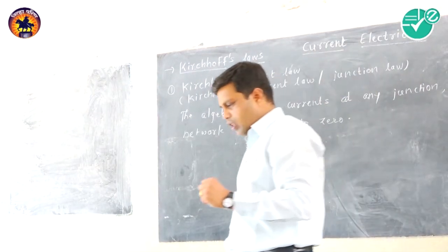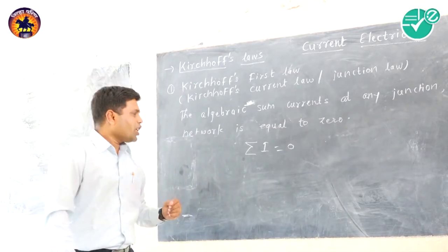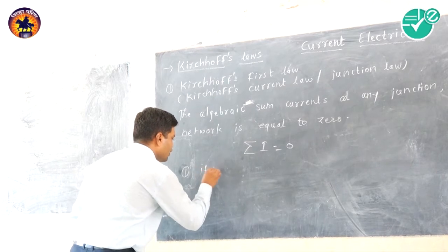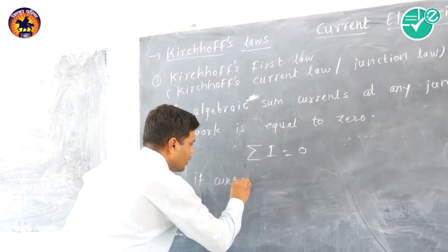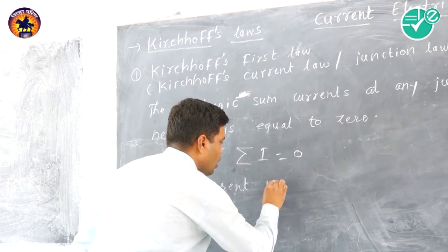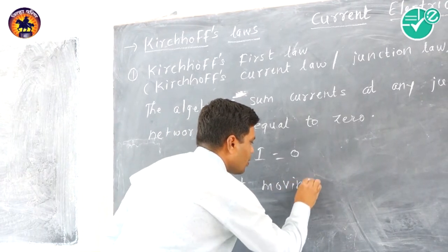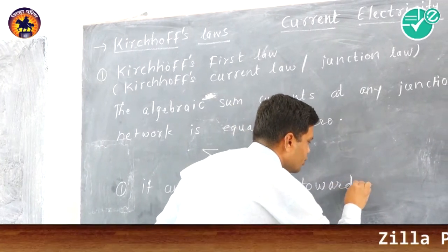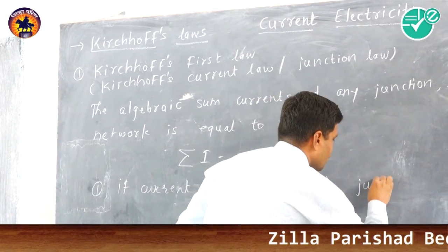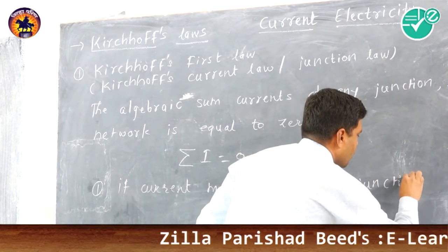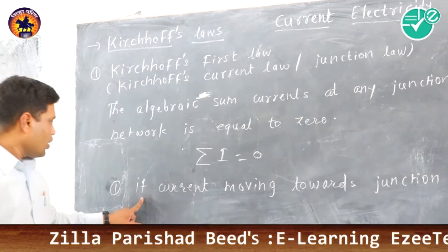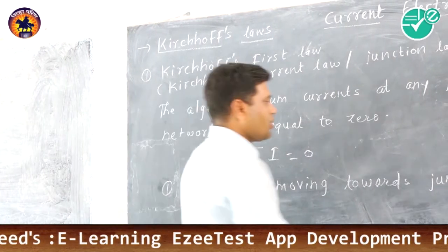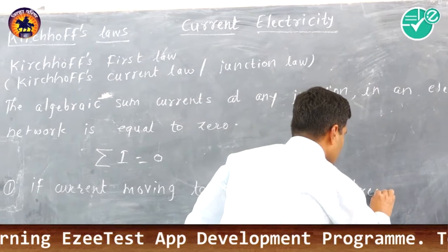If current is moving towards the junction, it is treated as positive.